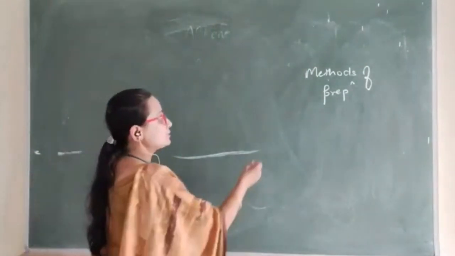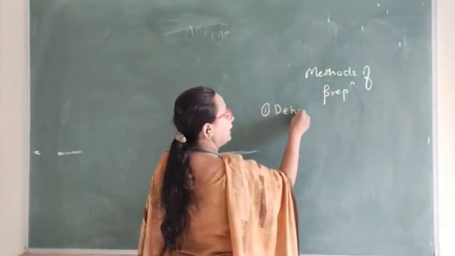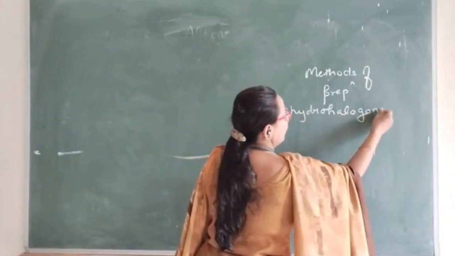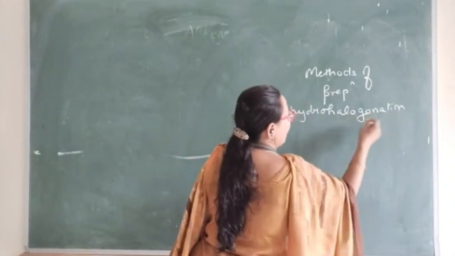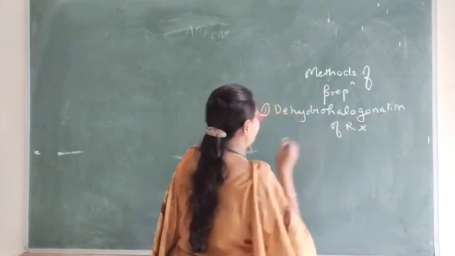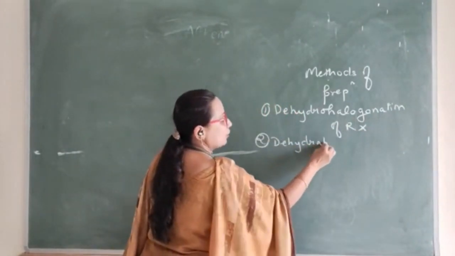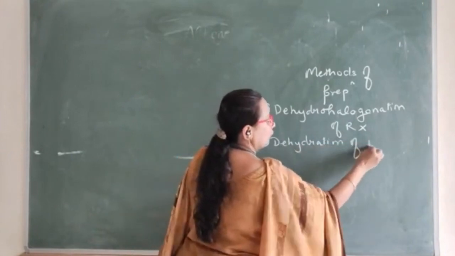The first one is called as dehydrohalogenation of alkyl halide. The second is called as dehydration of alcohol.